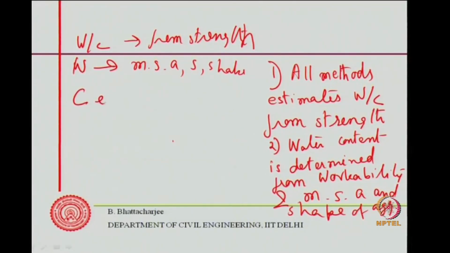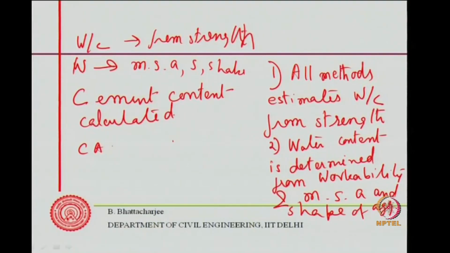Then cement content is calculated. The only next thing is to determine the coarse aggregate to fine aggregate ratio, that is determined differently by different methods. So, most of the methods determine water cement ratio from strength, water content from MSA, slump, shape of the aggregate, then you can calculate cement content, and coarse to fine ratio is calculated differently by different methods.